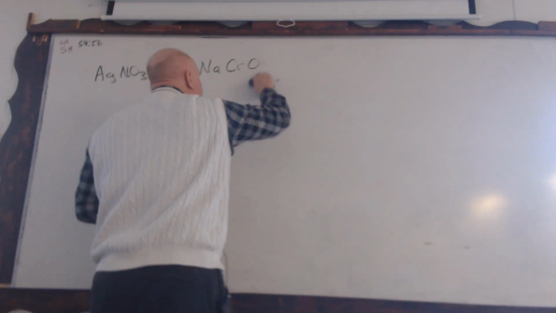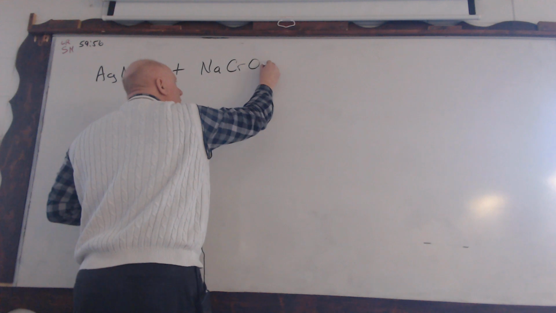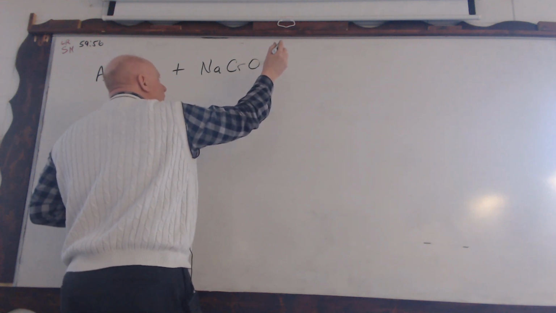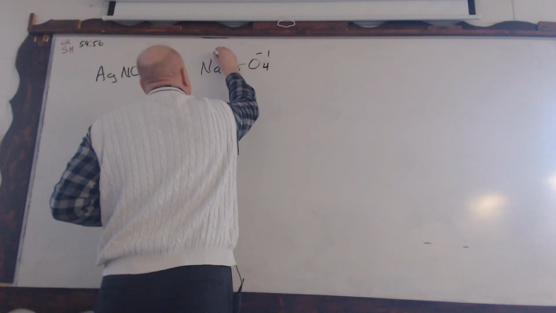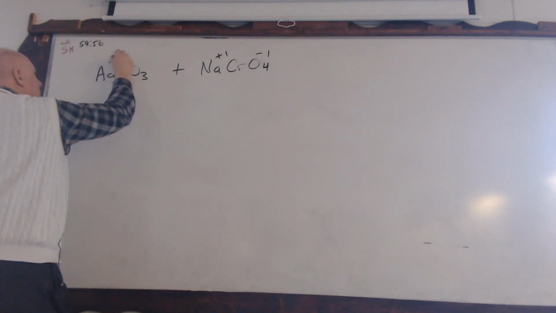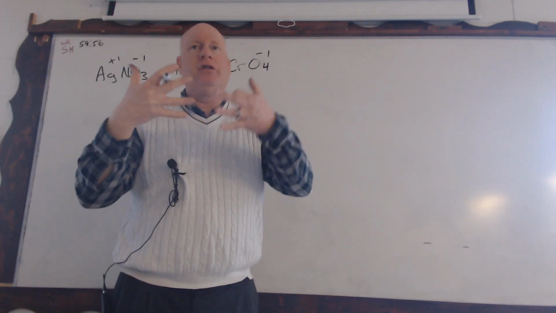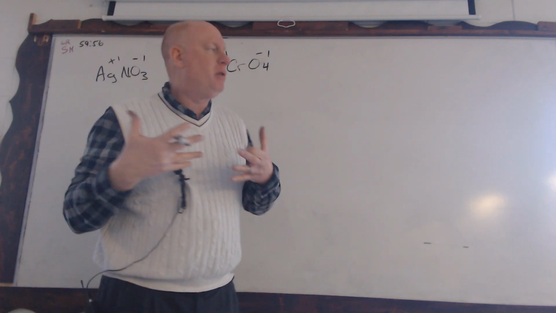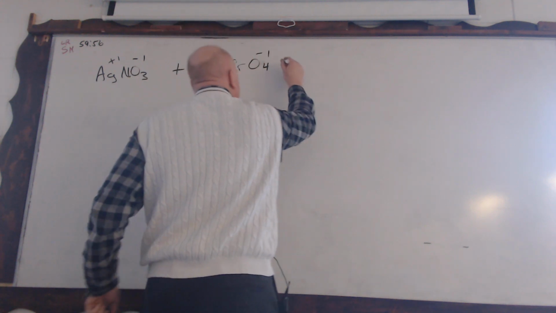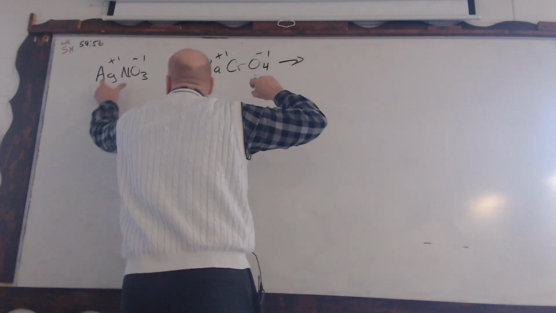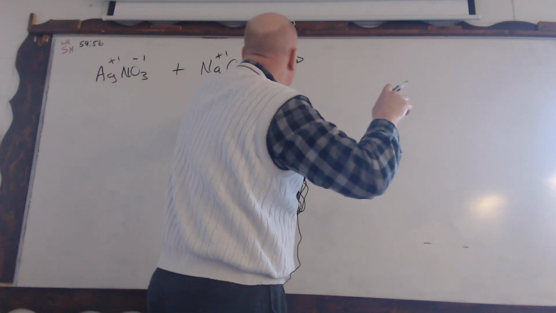So then this should be Ag2CrO4. And then these ions, they don't change in charge. So this should be pretty easy to balance, correct? Because none of the charges are changing. So if it's a +1 on one side, it's a +1 on the other. And that balances out, that balances out.